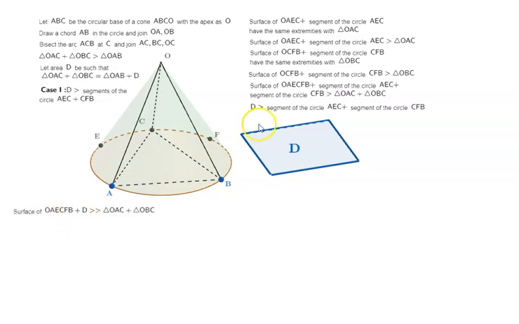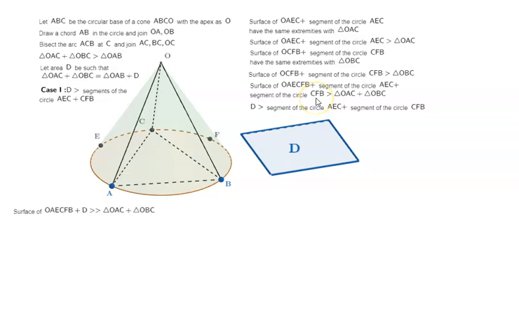So the surface of OAECFB plus D is much greater than triangle OAC plus OBC. Look at this, the surface of this plus the segment of the circle AEC plus the segment of the circle CFB. But D is greater than the sum of these two.